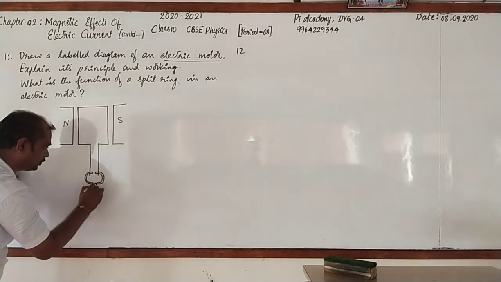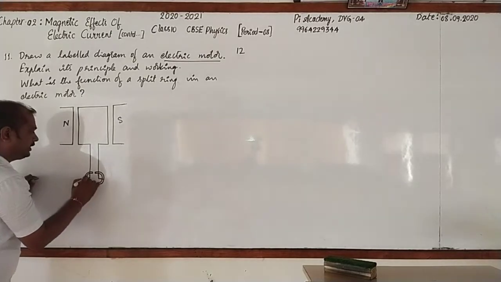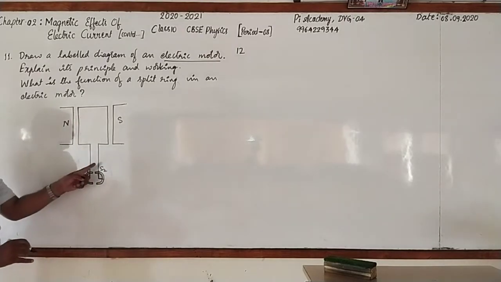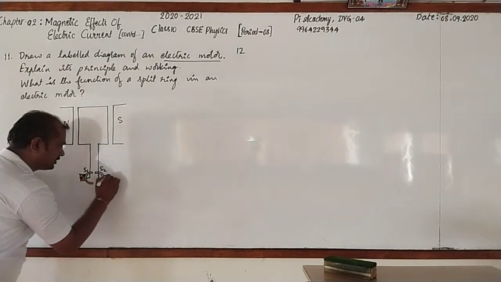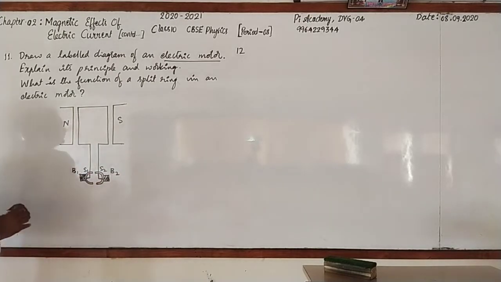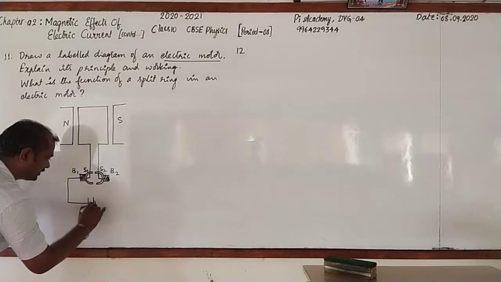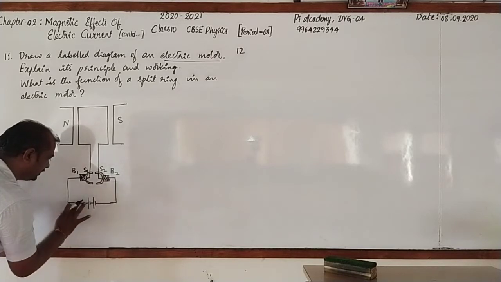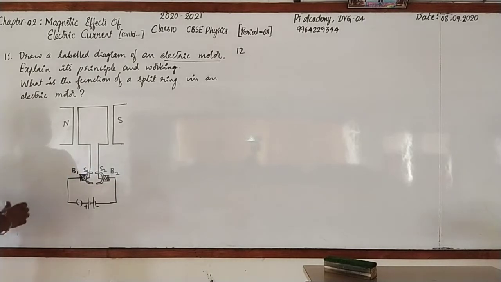One copper ring is cut into two parts, and let us name them S1 and S2, split ring 1 and split ring 2, which are in contact with the sliding carbon brushes. Let us name them B1 and B2, and connect these carbon brushes to the terminals of a battery along with the switch. Here I draw the switch. Here only I have explained the construction.